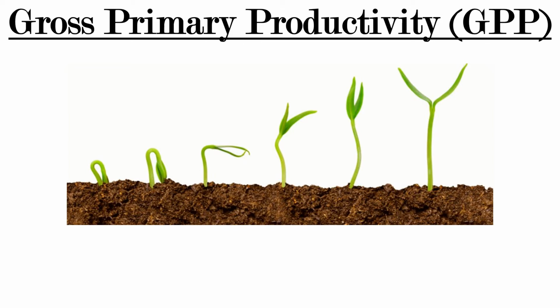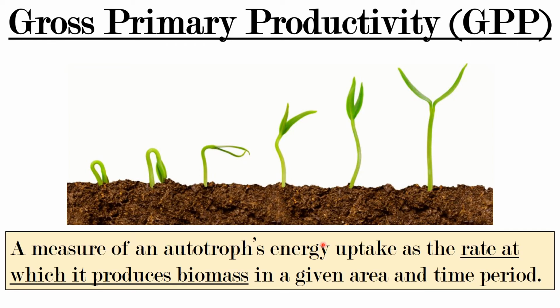Okay, so looking at these terms related to productivity, gross primary productivity is a measure of an autotroph's energy uptake. It is the rate at which it produces biomass in a given area and time period.